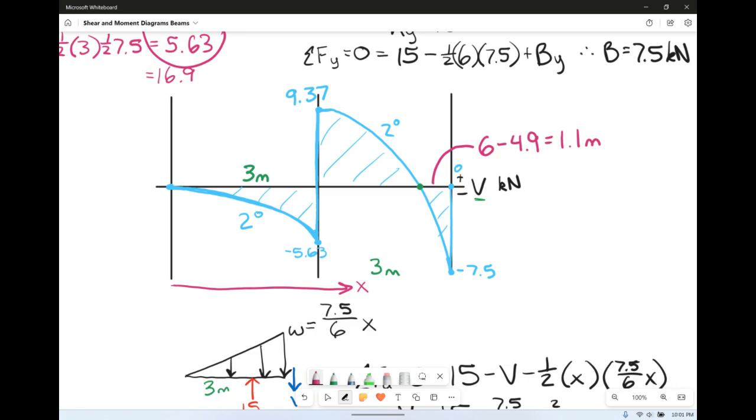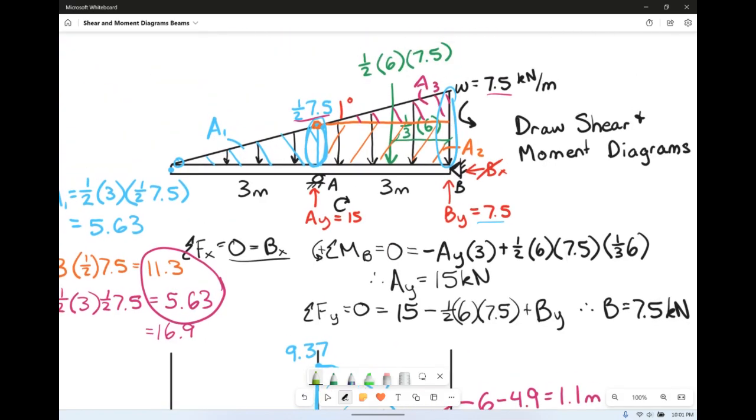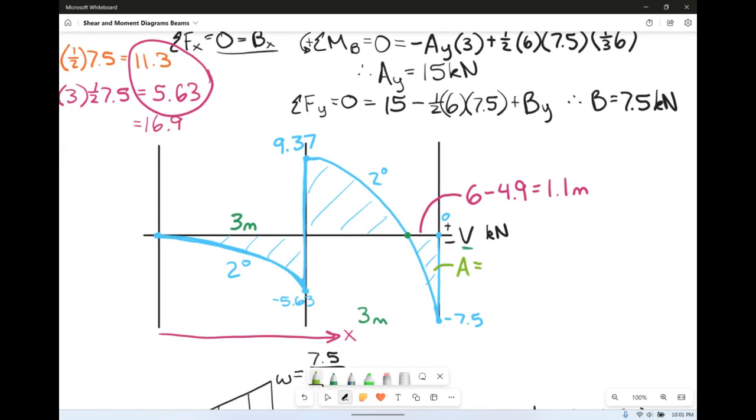The reason I'm going to do this is because I want to take the area of this section here. The area equation is really similar to the triangle equation. A triangle is 1/2 the base times the height. Well, for a parabolic shape, a 2nd degree slope, there's an additional number on the bottom. So instead of 1/2, it's 1/3 the base, which I just found of 1.1 meters, times the height, negative 7.5.